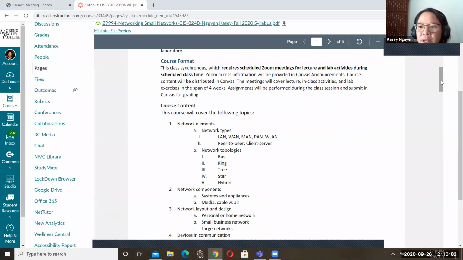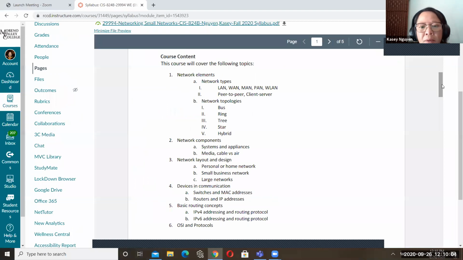In this course, we're going to cover different types of network. Starting today, we're going to talk about different topologies. How is this interpreted in a network terminology?